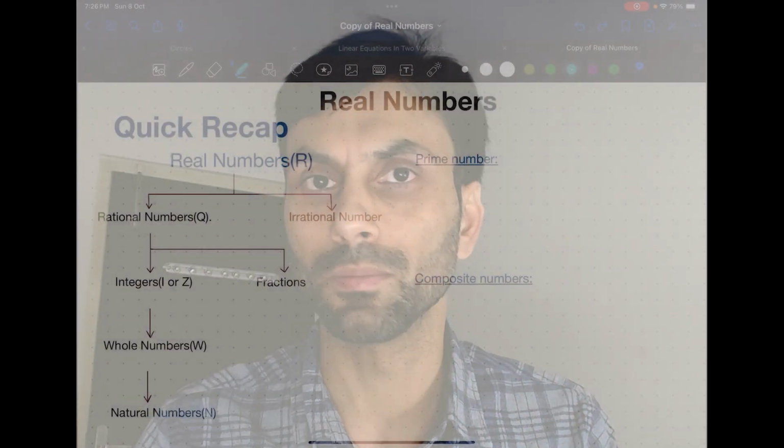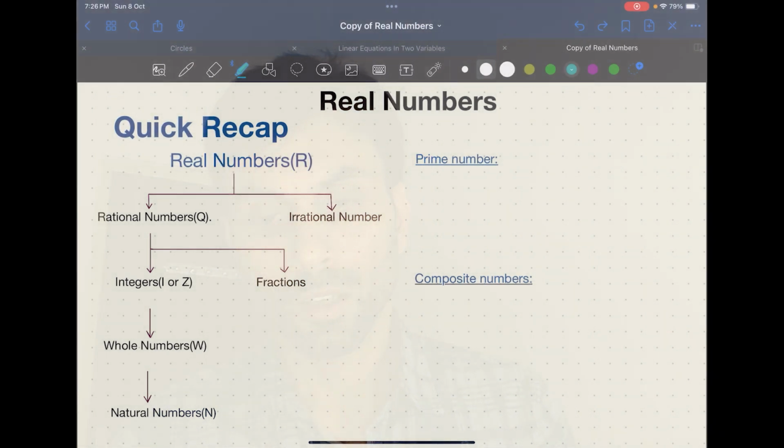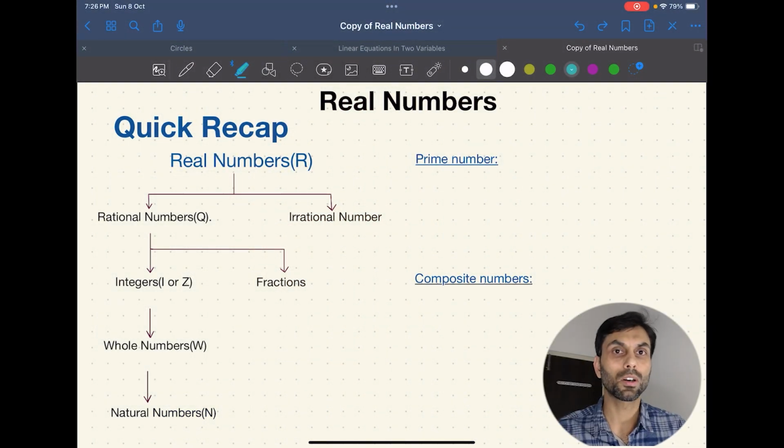We are going to just quickly brief about some of the concepts which you have already studied in the earlier years. So here first we'll talk about some different types of numbers. First we'll talk about natural numbers. We know that natural numbers are those numbers which are counting numbers, as 1, 2, 3, 4, 5 and so on. These numbers are known as counting numbers.